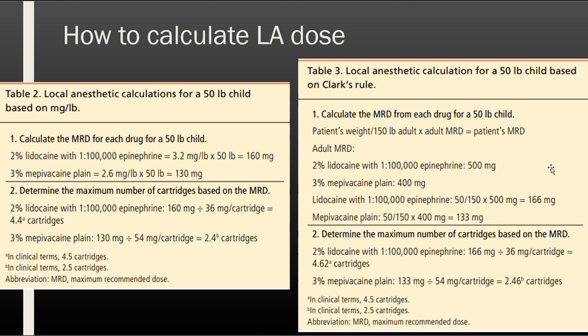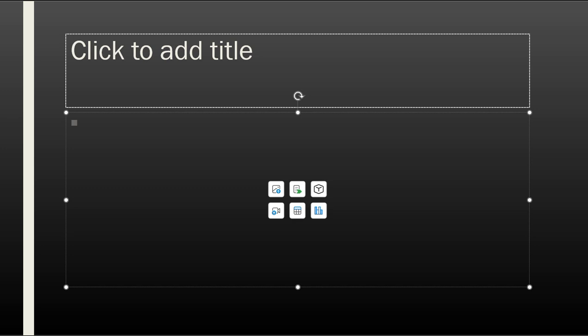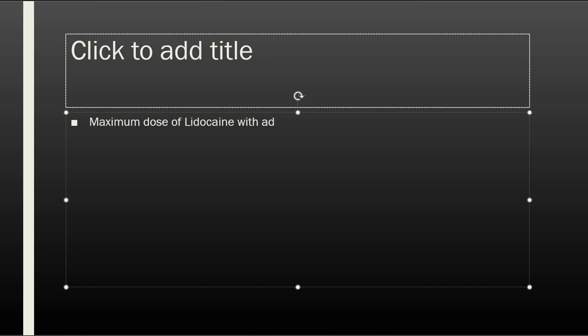Okay. Now, so the maximum dose of lidocaine with adrenaline is 7 milligrams per kg.